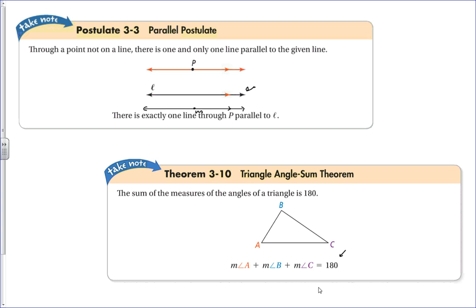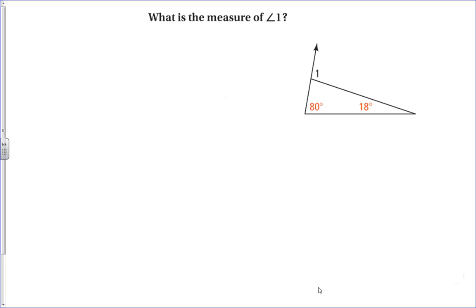All right, let's work a problem. What is the measure of angle 1? Well, as you can see here, we have the remote interior angles to angle 1. Angle 1 is an exterior angle. So we know from the theorems we just looked at that the measure of angle 1 equals the sum of these two.